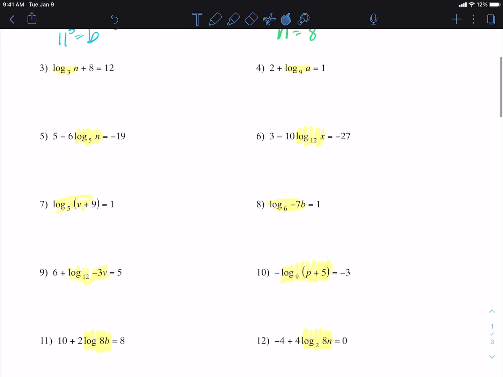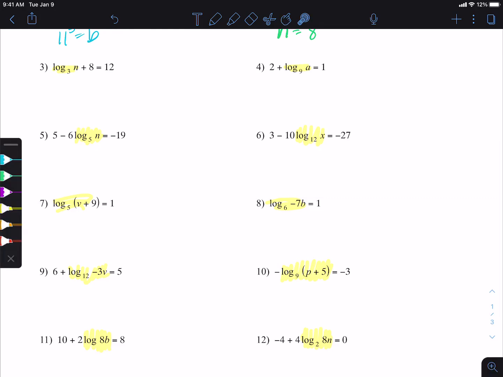Okay. Now on this next one, we have to get it alone first. So we have this plus 8 that we need to get rid of. In order to undo the plus 8, we're going to subtract 8 from both sides. So then we have log base 3 of n equals 12 minus 8, which is 4. There's no add, subtract, multiply, divide outside the log, so then we're going to switch to exponential because log and exponentials are inverses.